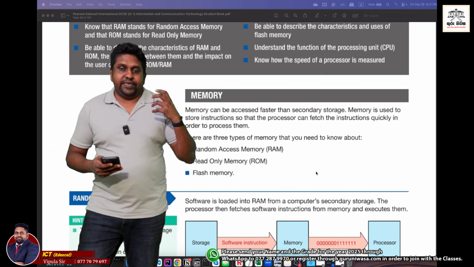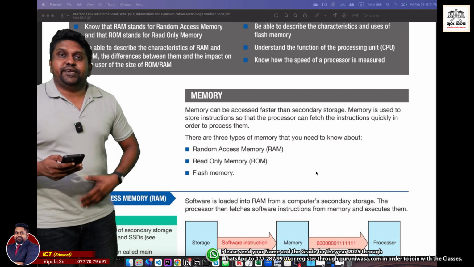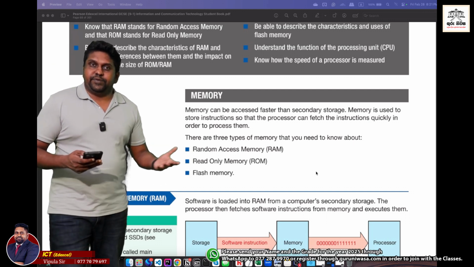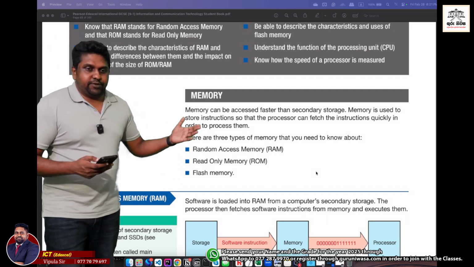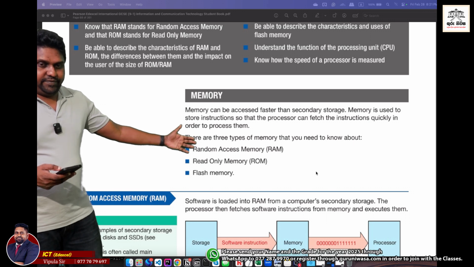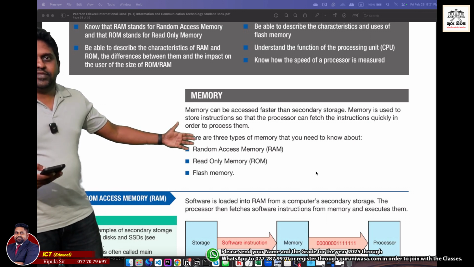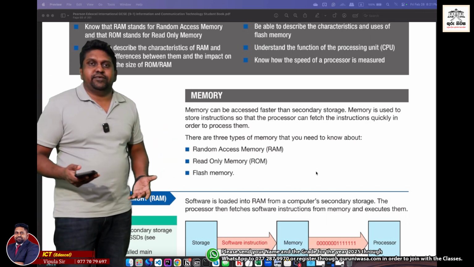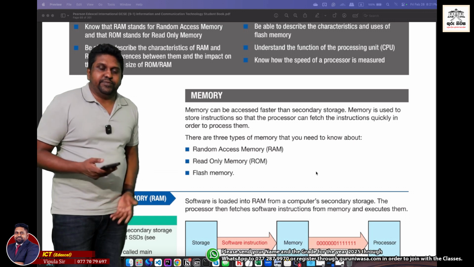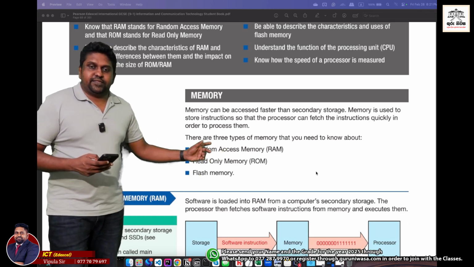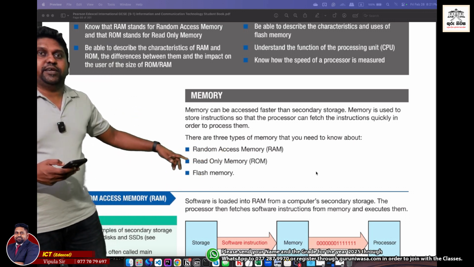When it comes to memory, there are 3 different types of memories in your machine. Primarily we have RAM, which is the typical main memory. We call it the main memory as well, which is the point where you can actually upgrade.